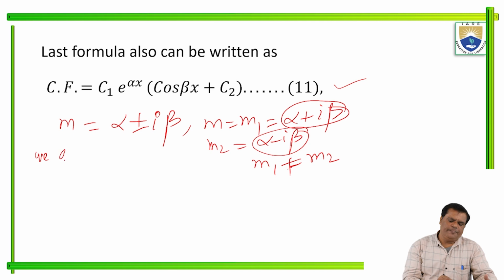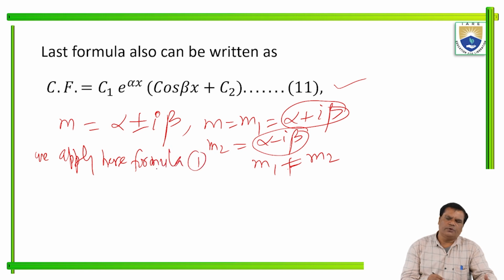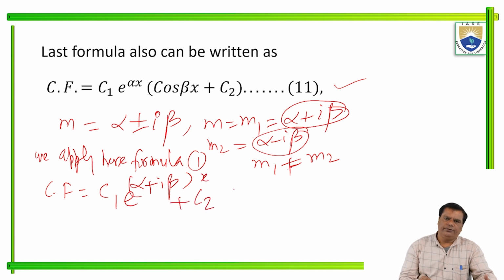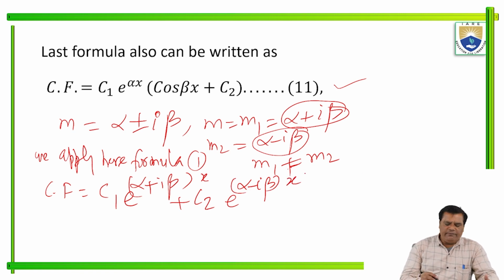So we apply the first formula here. CF is equal to C1 e to the power alpha plus i beta times x, plus C2 e to the power alpha minus i beta times x. I want to prove how we can find this formula.